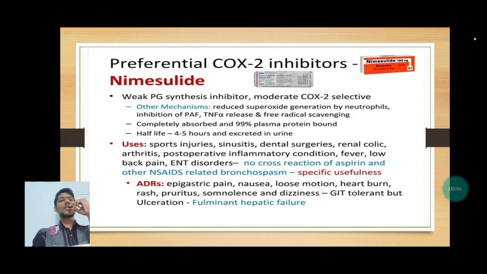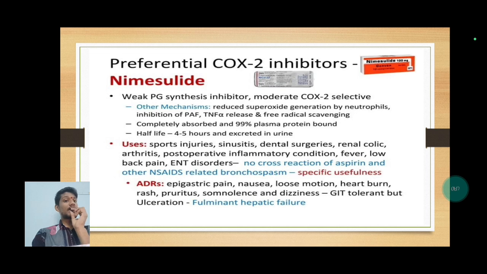Normally nimesulide is used for short-term pain relief, like sports injuries, sinusitis, dental surgeries, renal colic, arthritis, post-operative inflammatory conditions, fever, low back pain, and ENT disorders. The most important point is that there is no cross-reaction with aspirin and other NSAIDs related to bronchospasm.